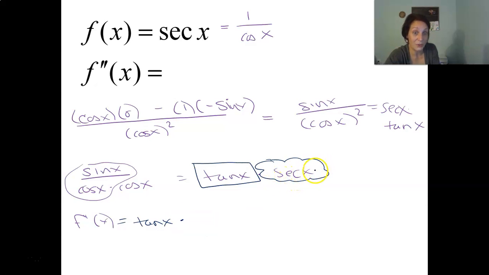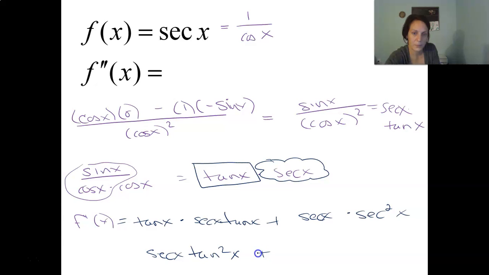We just found that the derivative of secant is secant x tangent x, plus secant times the derivative of tangent, which we now know is secant squared of x. There's my second derivative. It's secant x times tangent squared x and a secant cubed of x.